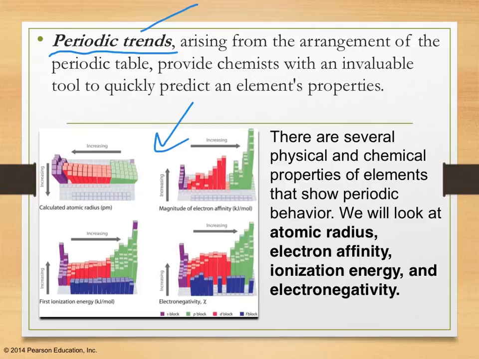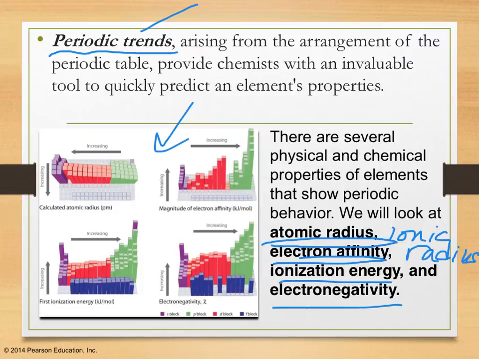And so that's the usefulness of periodic trends to chemists. The trends that we're going to look at are atomic radius as well as ionic radius. That's in this lecture. And then in the next lecture will be electron affinity, ionization energy, and electronegativity. Those last 3 are all related to one another.